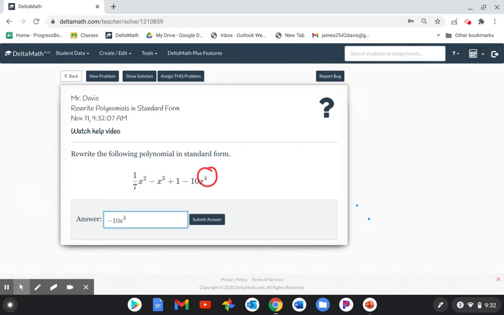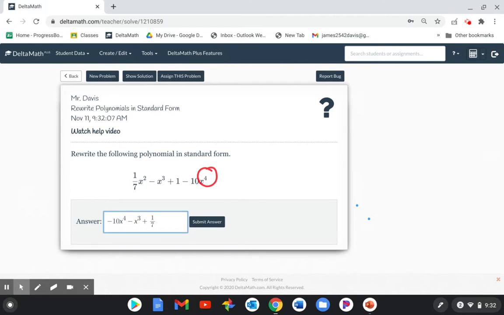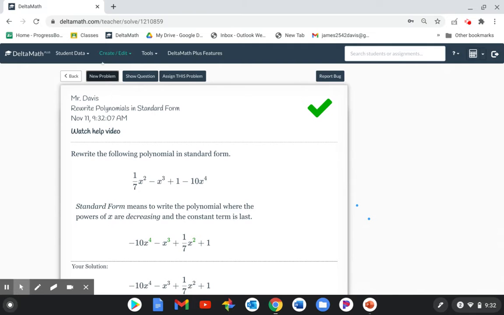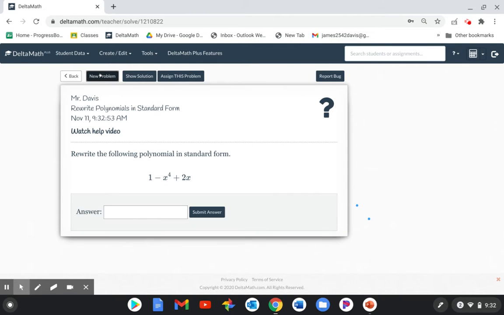And then we've got a minus x cubed. And then a plus. Since there's no sign in front of that 1/7, it's a plus 1/7 x squared, and then plus 1. So just put them in descending order, highest to lowest. That's really all there is to it. I don't think we need to do any more of those.